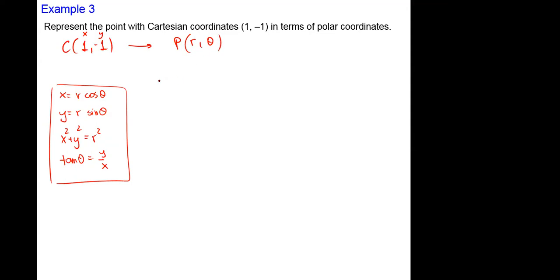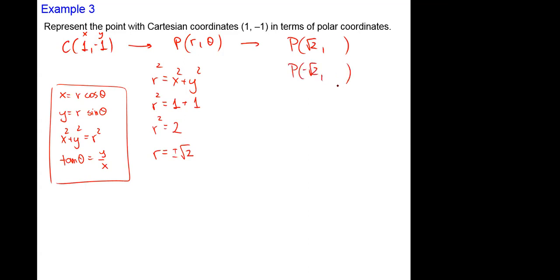Let's find r. r squared is x squared plus y squared. 1 squared is 1, -1 squared is also 1, so r squared is 2, and now taking a square root, I have positive and negative. You remember, I can define my point using a positive or negative radius, I just have to adjust the angle.